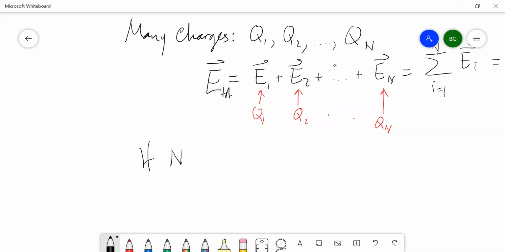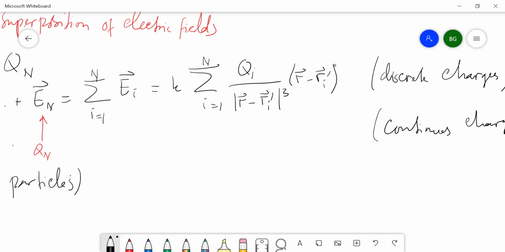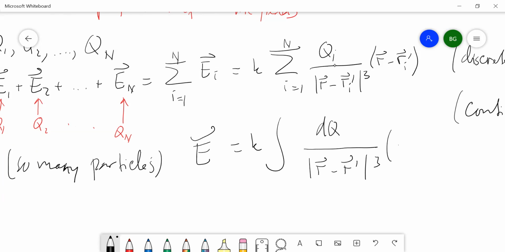If n tends to infinity, so there are so many particles, then this summation could be written in terms of an integral: the integral of dq times (R minus R') over |R minus R'| cubed.